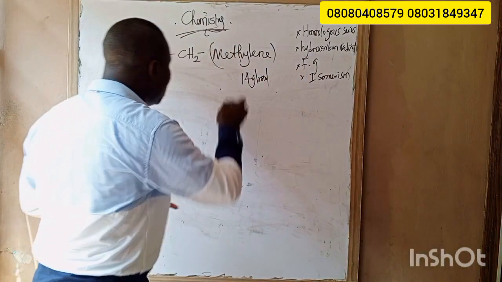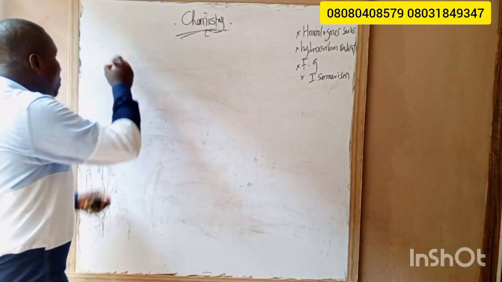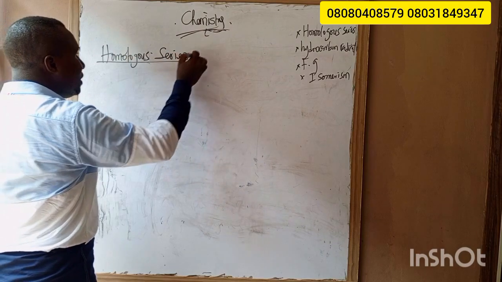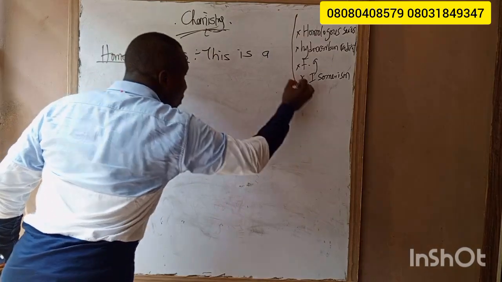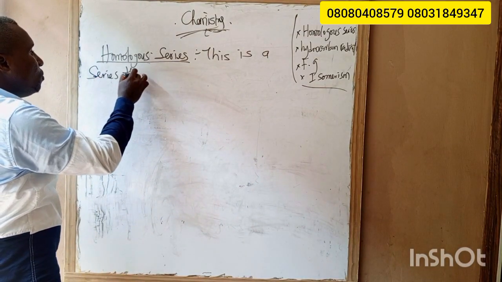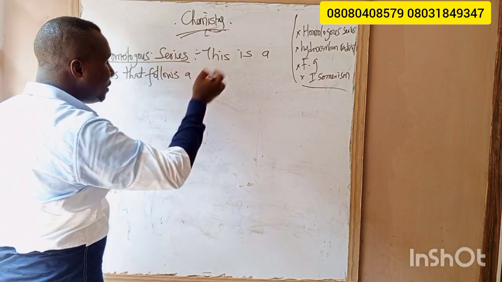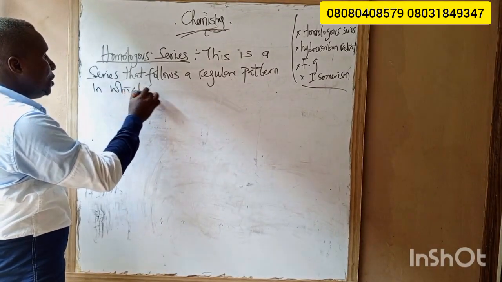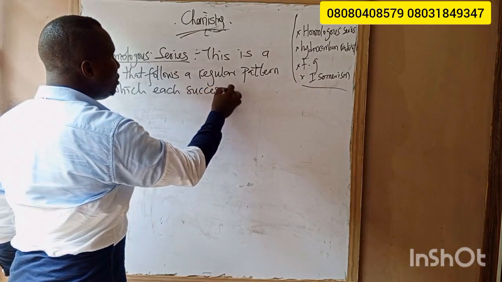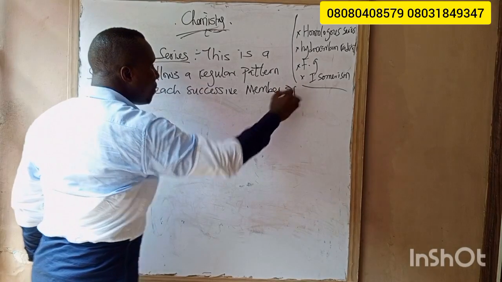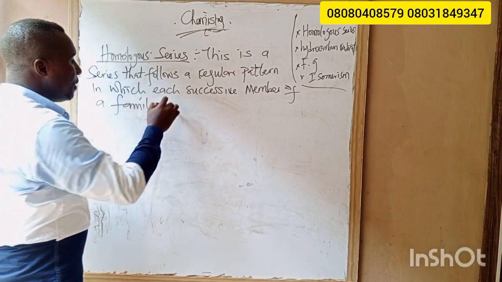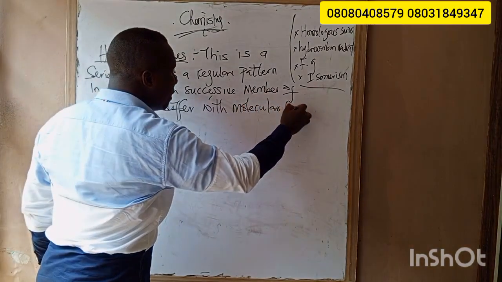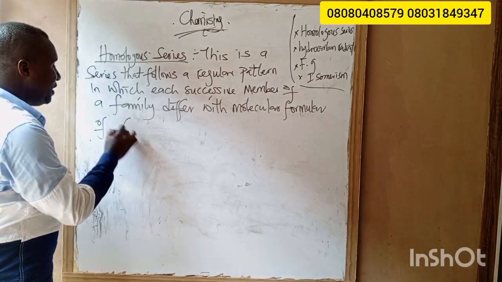Let me quickly write the meaning of homologous series. Homologous series: this is a series that follows a regular pattern, in which each successive member of a family differs with molecular formula of CH2.